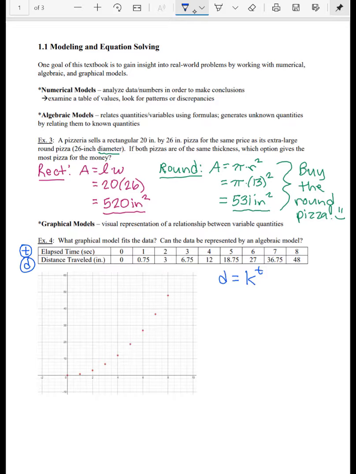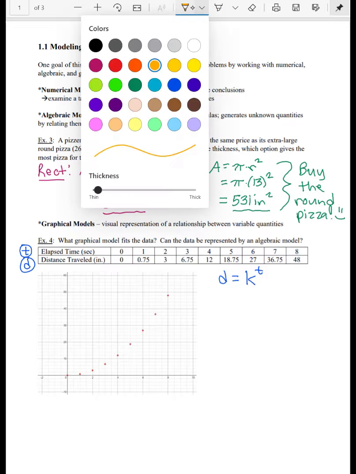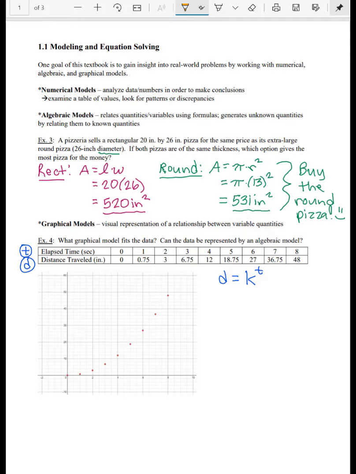So in order to test this out, we're going to have to choose an ordered pair from our table. So it's up to you what you want to choose. I'm going to go with 2, 3 because there are some nice integer values. So for a distance of 3 inches, we want to know what k needs to be raised to the second power, t equals 2 seconds, to give us that ordered pair.